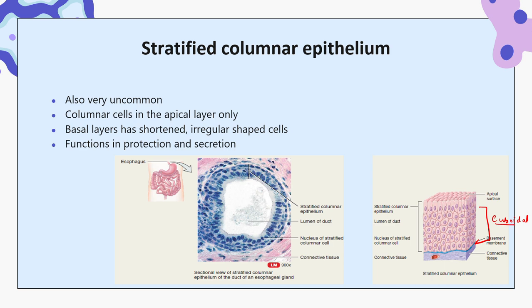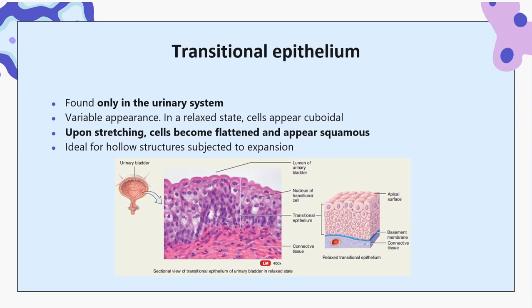Their shape is cuboidal, but the cells at the apical surface are columnar in nature. They have a columnar shape. Okay, so the function of this stratified columnar epithelial tissue is protection and secretion.